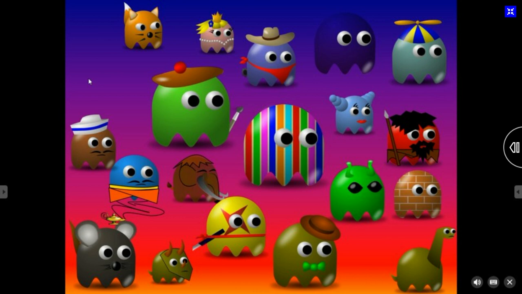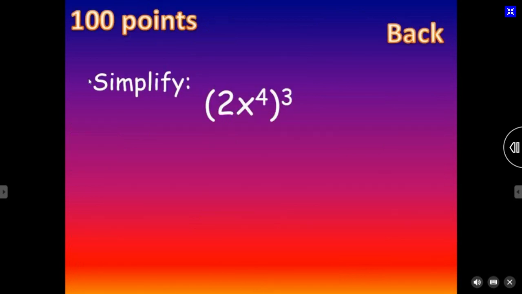All right. Number 1 was our cat. 2 to the what? Third. You're going to see that 2 to the third over and over again. What does 2 to the third equal? 8. 2 times 2 is 4, right? 4 times 2 gives me 8.